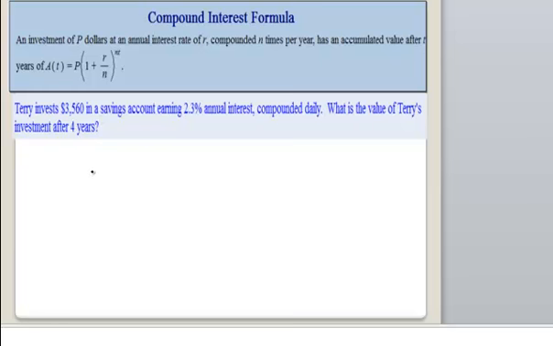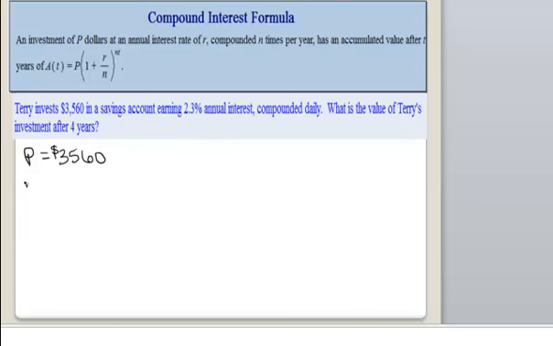Terry invests $3,560 in a savings account, earning 2.3% annual interest compounded daily. What is the value of Terry's investment after 4 years? Well, it looks like he's going to start with this amount, so your P is going to be 3,560.